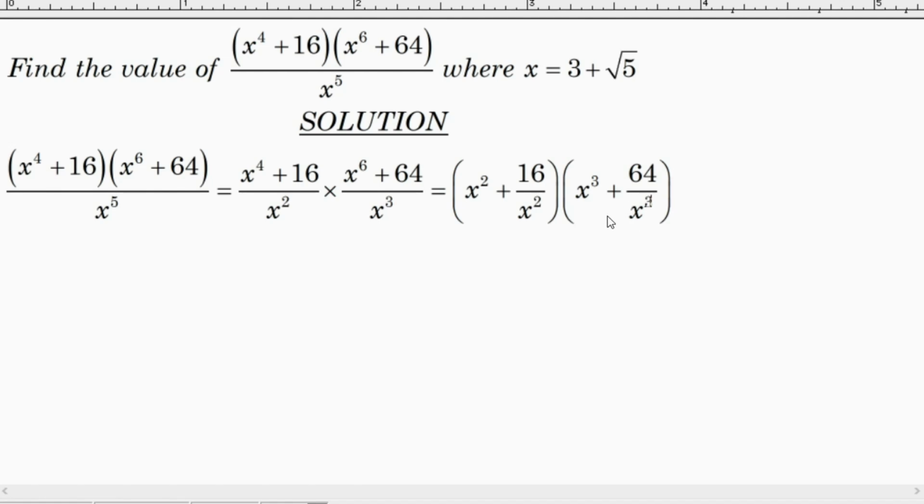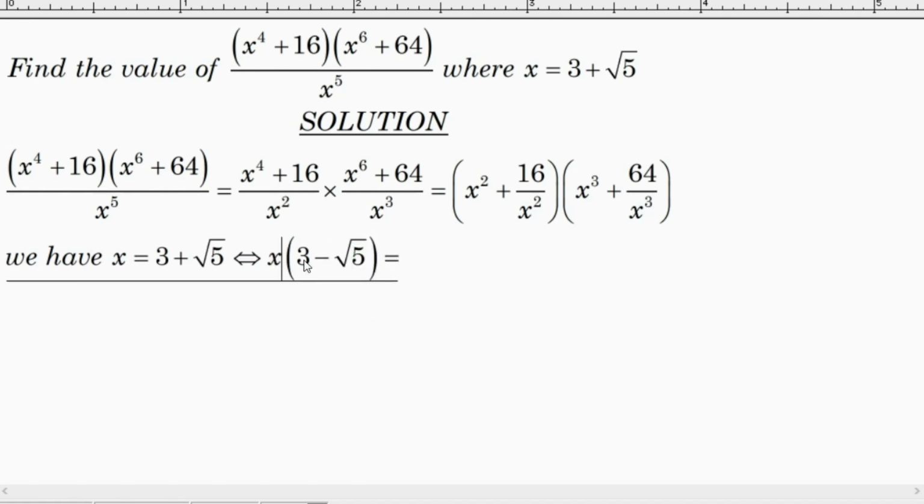Okay, now we have to find the value of these factors. We have x equal to 3 plus the square root of 5, so this is equivalent to x times (3 minus the square root of 5), where we multiply both sides by 3 minus the square root of 5.